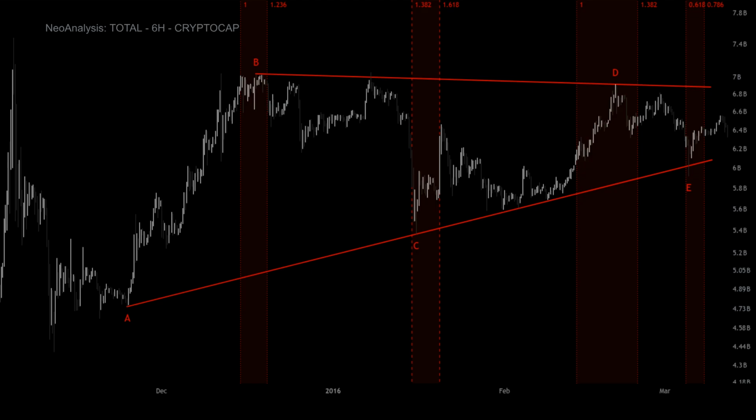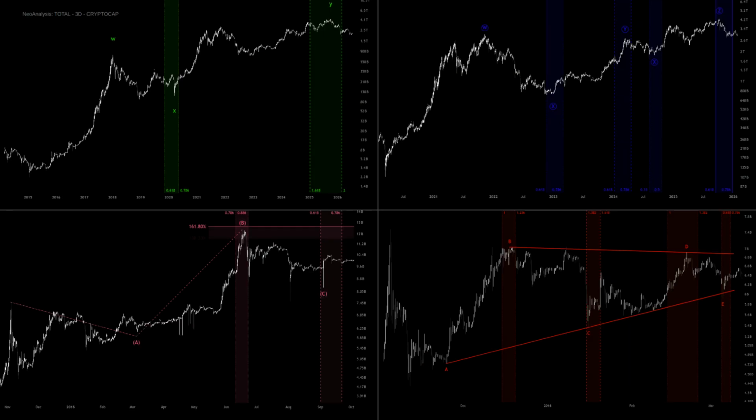And red is used for minor degree waves and associated tools. Minor red will at times be referred to as MR, followed by the wave count or labels. While there are additional degrees with assigned colors, they will not be explored at this stage. This color system enables quick visual recognition of degree hierarchy, including wave labels, measurements, time, and price ratios, and notes across multiple charts.